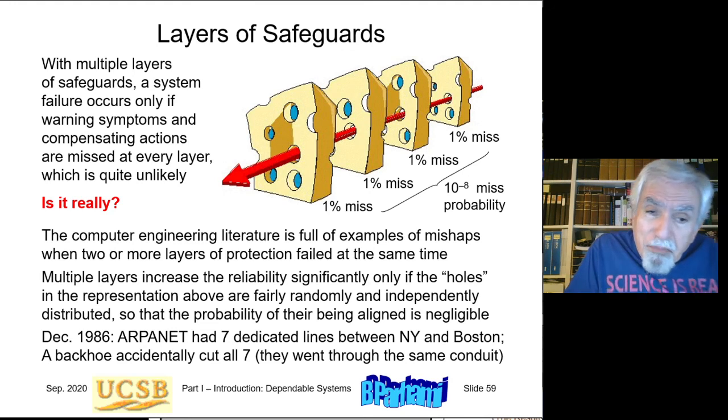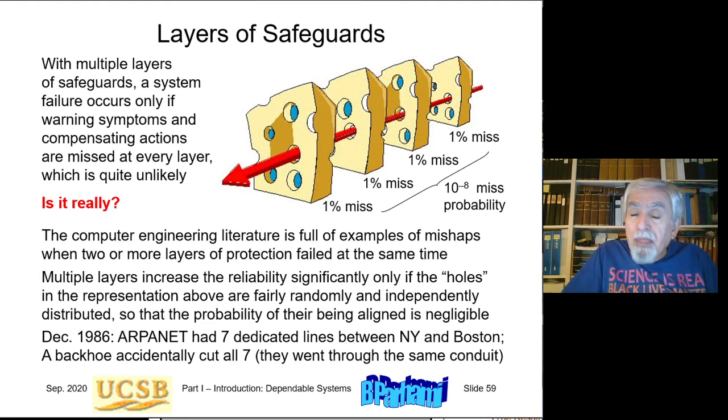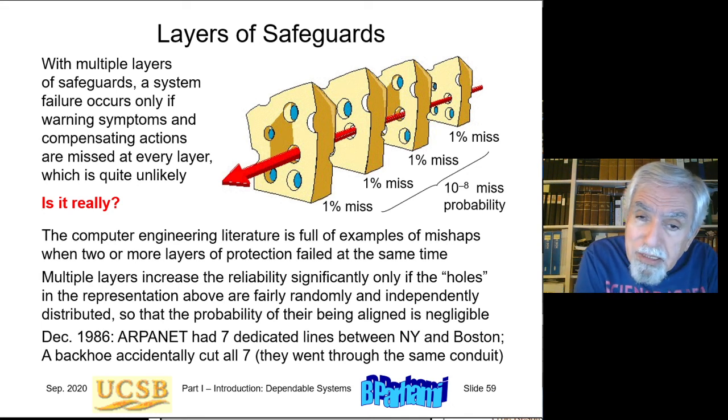In fact, in many practical cases, when you have problems in multiple subsystems, those problems may not be statistically independent. There are what we call common cause failures, common cause problems that may lead to multiple failures simultaneously.